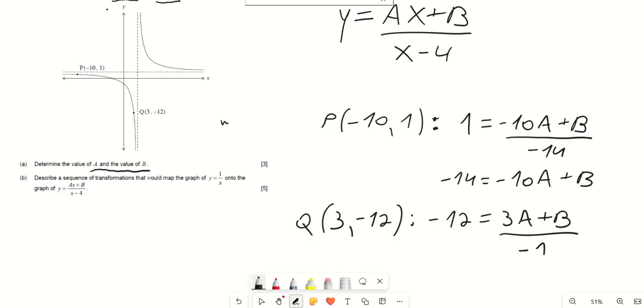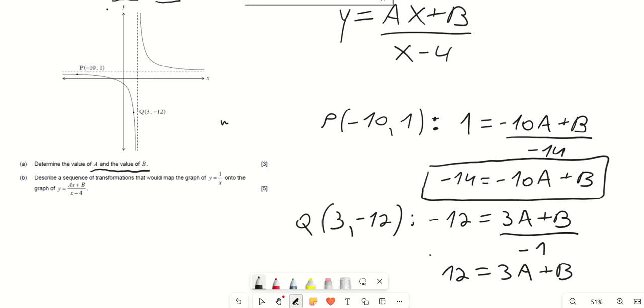And if I simplify here too, I get 12 equals 3a + b. So I have two equations with variables a and b, and I can solve for a and b.